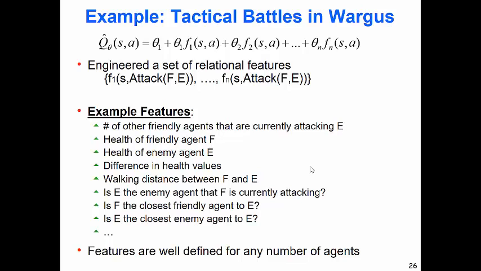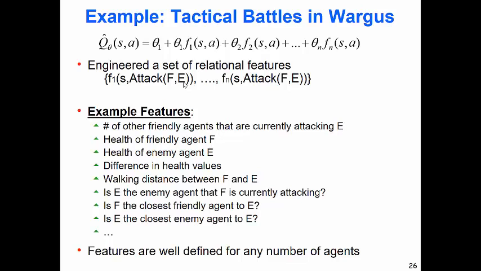So now we can think about our Q function, which is going to be a linear function, and we need to come up with features of a state and an action of this form. We need features that try to capture what is important about the state and an action that's involving some friendly unit attacking some enemy unit.